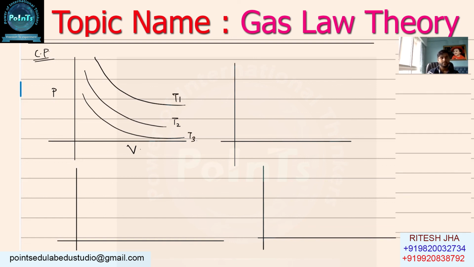These are three different gases at different temperatures, same amount of gas in each case. Here you need to determine T1, T2, T3. Fill the box with these signs: whether T1 is greater than T2 greater than T3, or T1 less than T2 less than T3, or T1 equals T2 equals T3, like that. So that is one question.